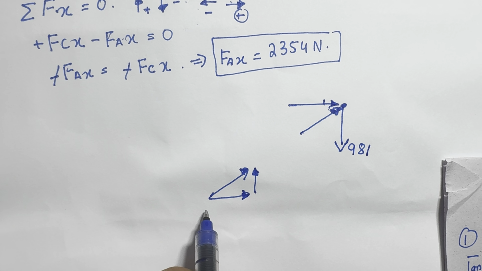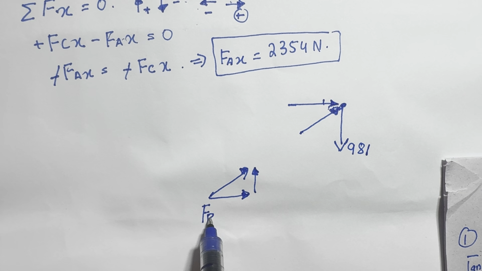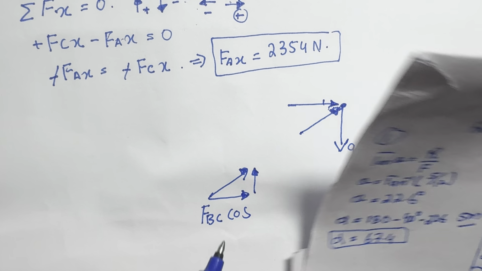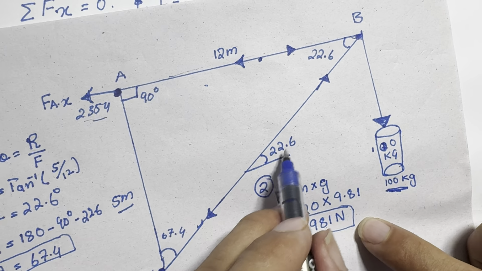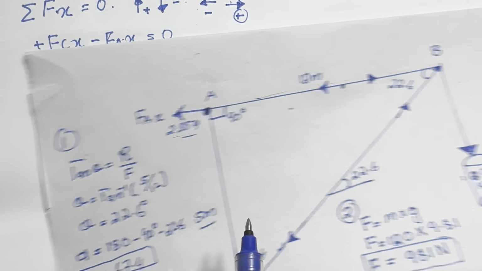The horizontal component is FBC cos 22.6 degree. We have found that this angle is 22.6 degree.